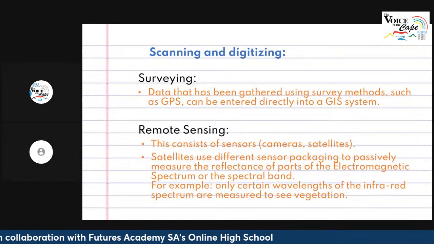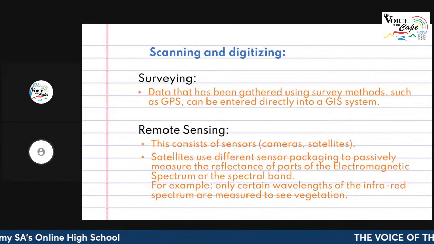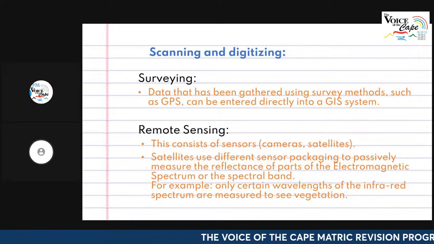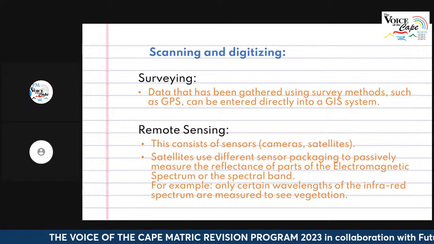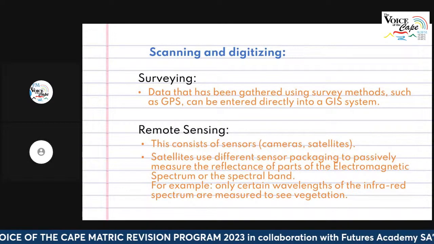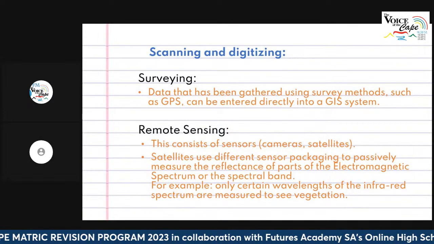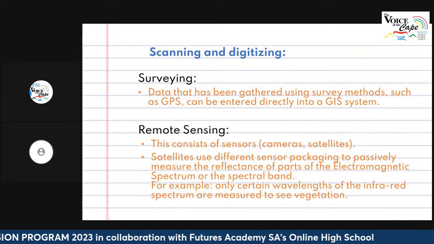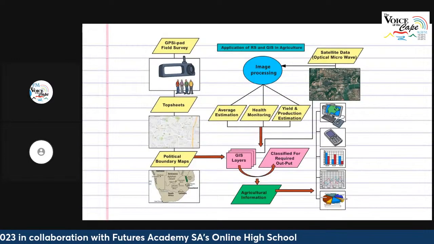Through there, that's where they get the wavelength, and that wavelength has different categories or even colors. So, for example, the infrared spectrum is used to measure vegetation. So, that's how we use the remote sensing part.